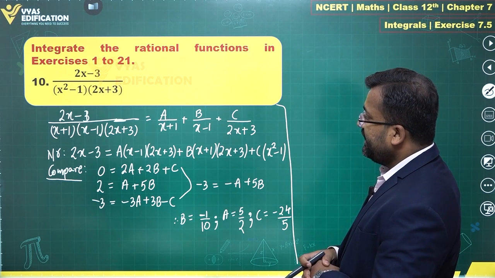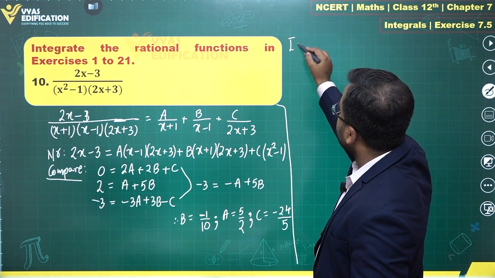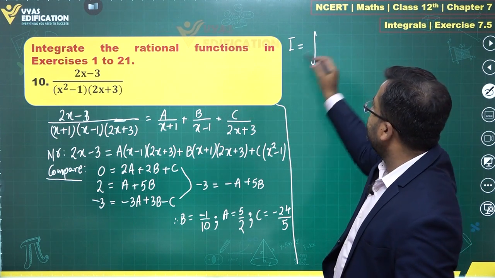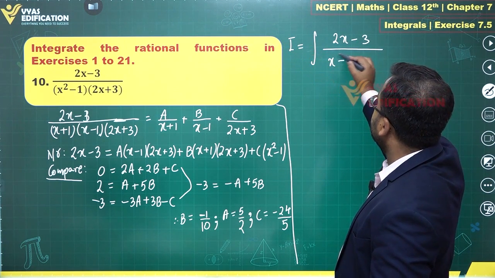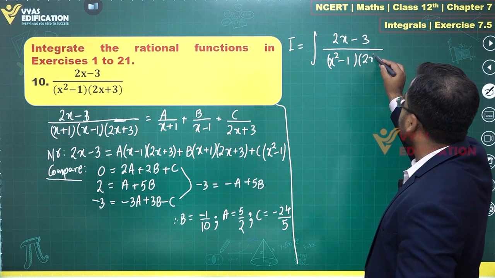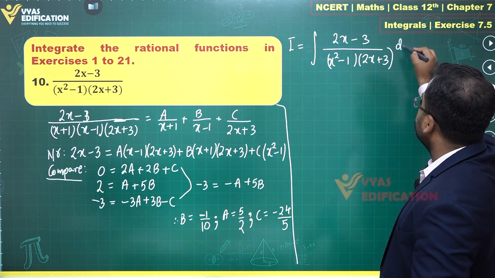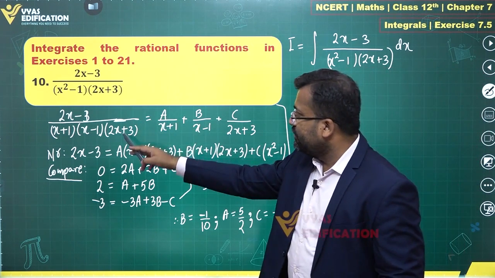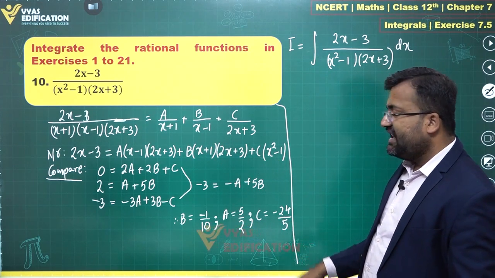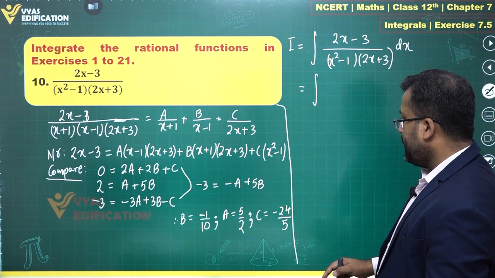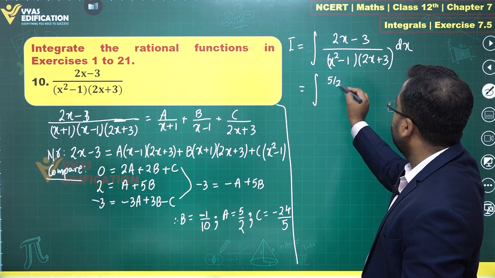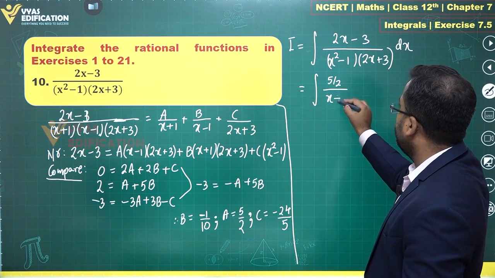So next thing that we need is the integral. I is equal to integral of that whole expression, which is 2x minus 3 over x square minus 1 times 2x plus 3 dx, and this converts to this, which converts to this, where a, b, c are as shown. So this integral will be equal to a upon x plus 1, which is 5 by 2 upon x plus 1.